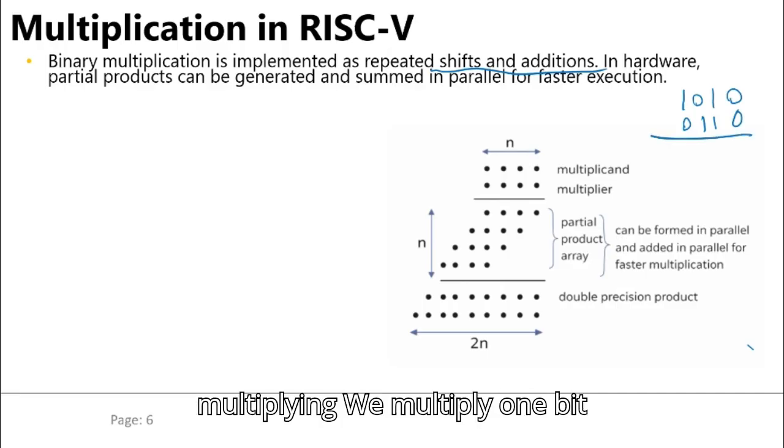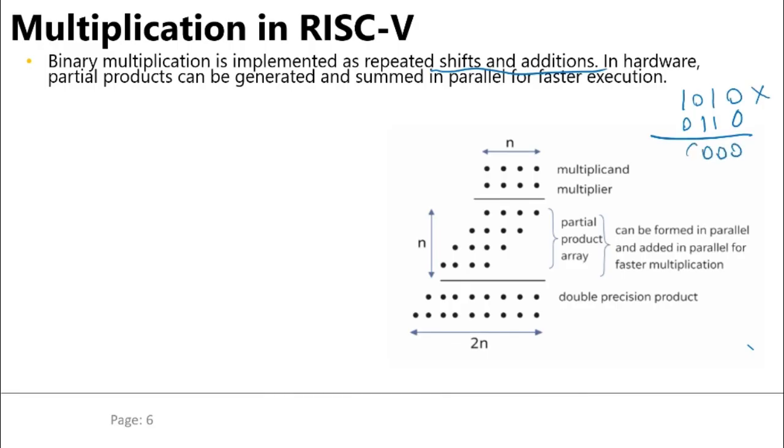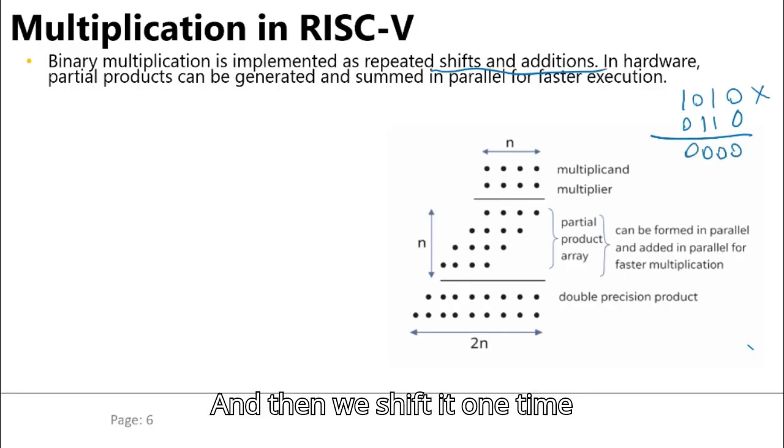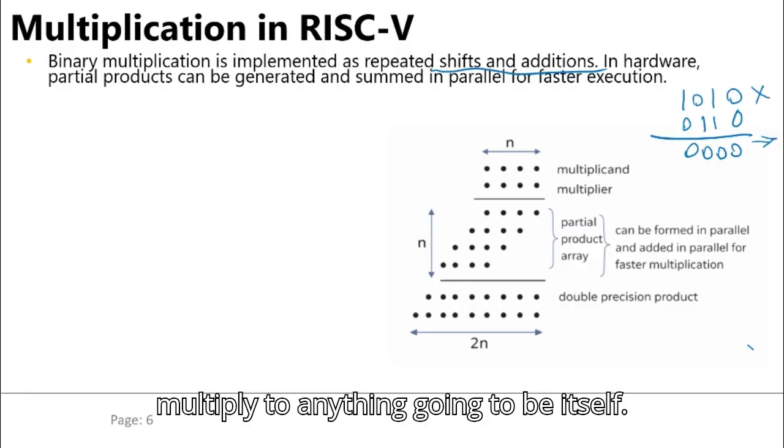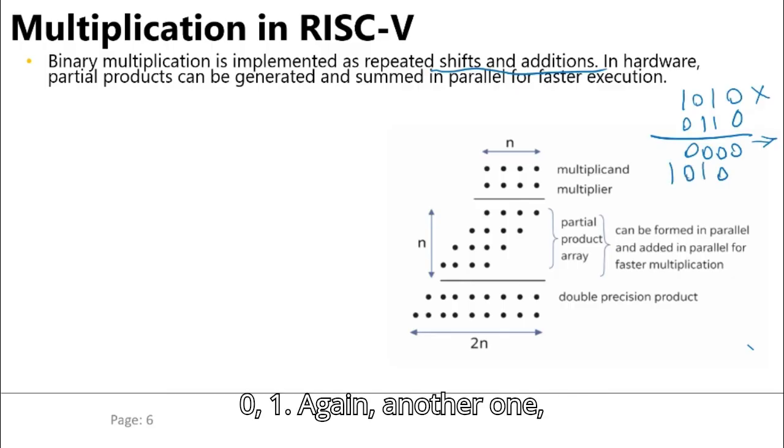So how are we multiplying? We multiply 1 bit by 1 bit. If it's 0, it's all 0. And then we shift it one time and multiply again. 1 multiplied by anything is going to be itself. That one is going to be 0, 1, 0, 1.